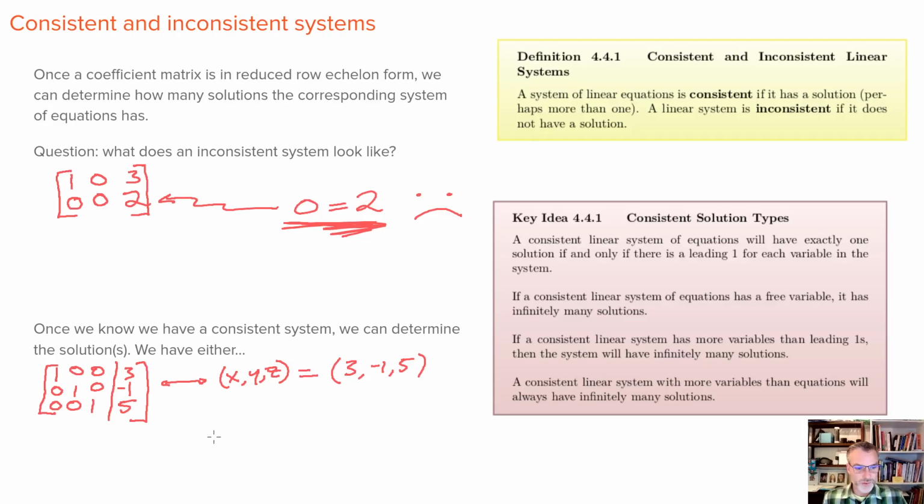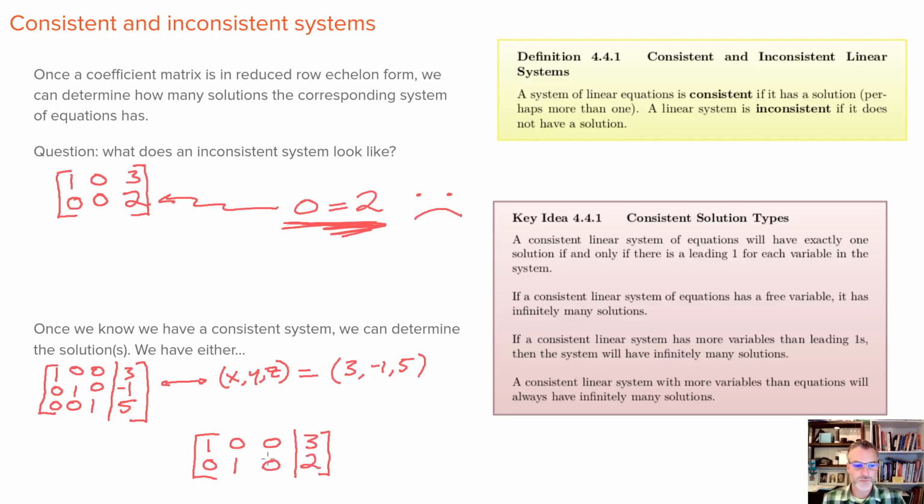That's not the only possibility. We might also have something like this. Perhaps we have, again, 3 variables. Seems like I always pick the number 3 for my first row. We may have 3 variables, but only 2 equations. And I'll write it like this.